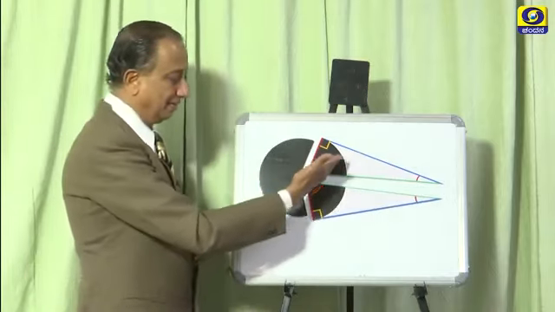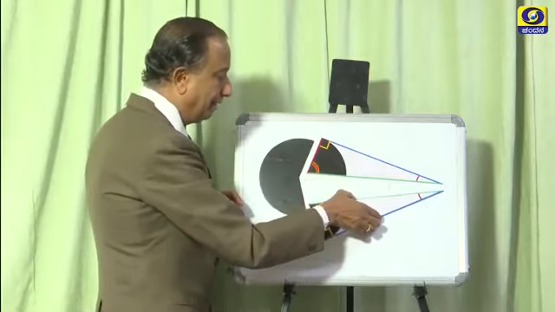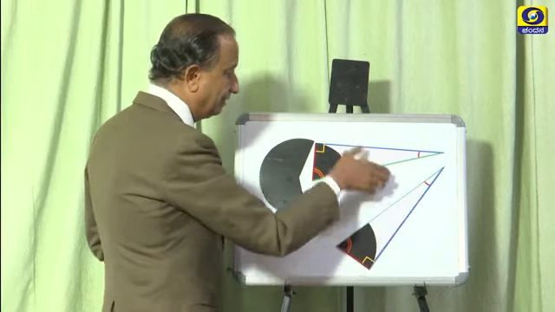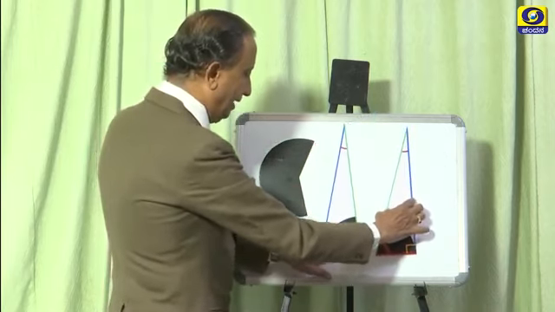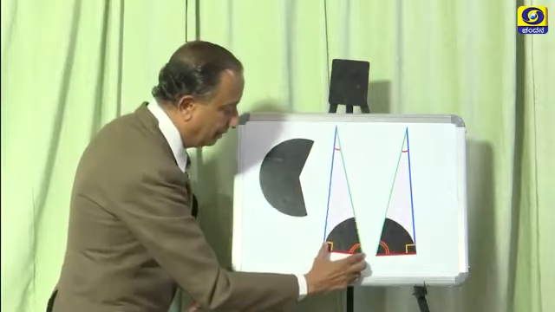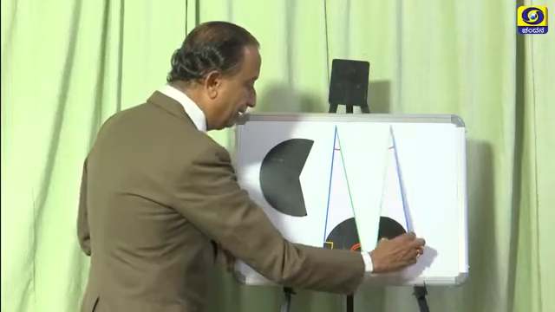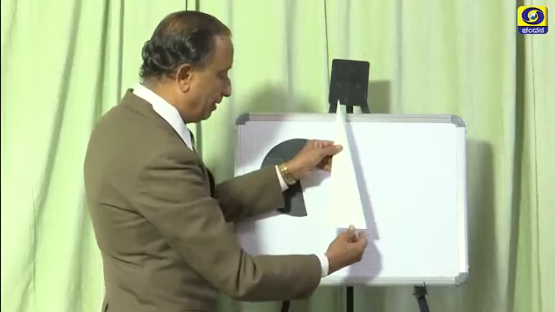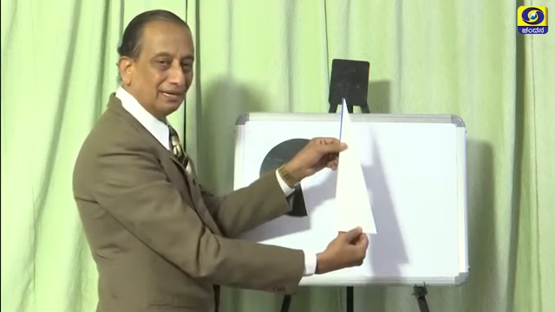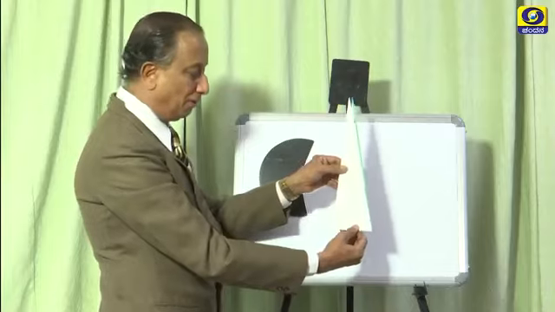You can see that these two right angle triangles are congruent, that can be demonstrated like this, children. Look at these two right angle triangles, they are congruent to each other, or you can keep one on top of the other. If you superimpose these two right angle triangles, they fit in exactly, therefore these two are congruent.